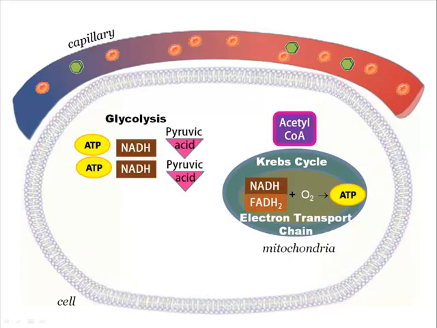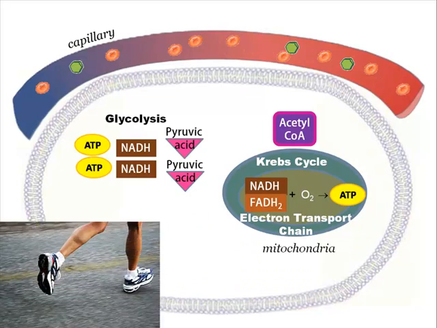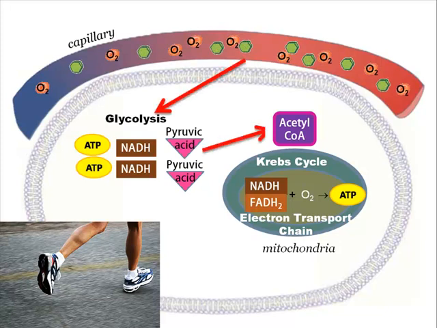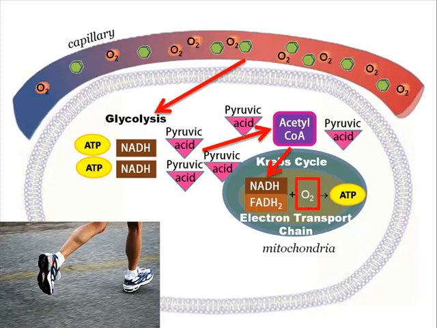If the demand for ATP increases, such as when we exercise, then all we do is deliver more oxygen and glucose by increasing the delivery of blood. If our exercise intensity increases and we continue to need even more ATP and the oxygen delivery is maxed out, then a backlog of pyruvic acid begins to build up.